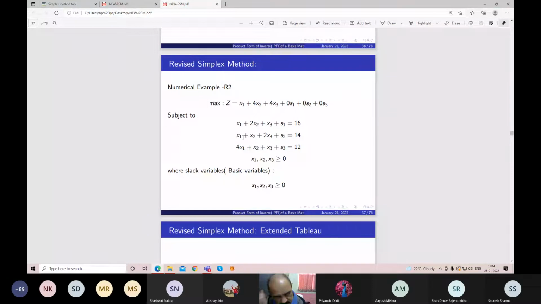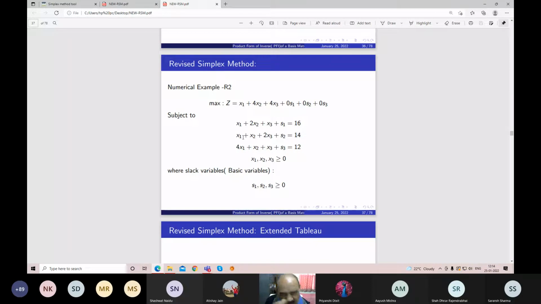Now at this point, since the actual variables x1, x2, x3 are 0, it will not give the maximum solution. It will give us the minimum solution, not maximum.